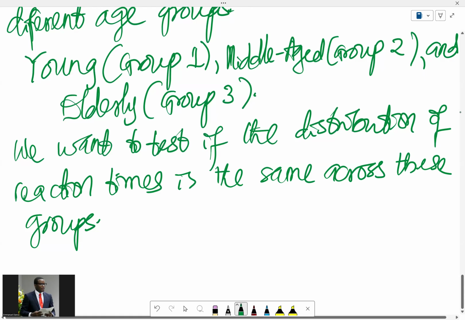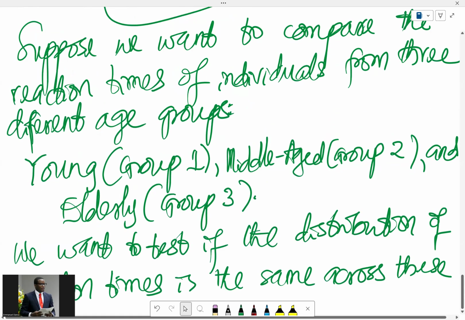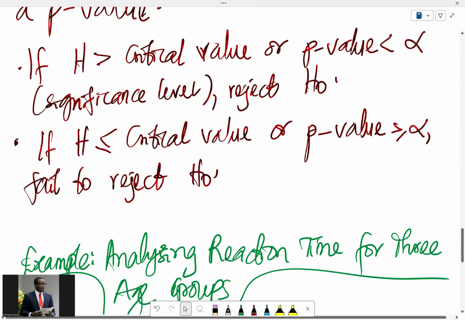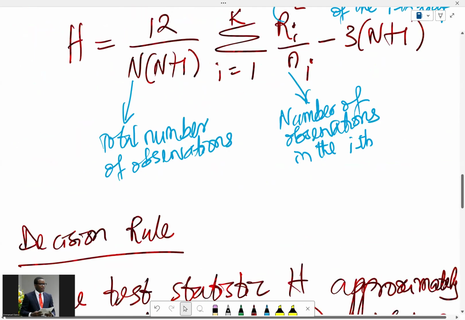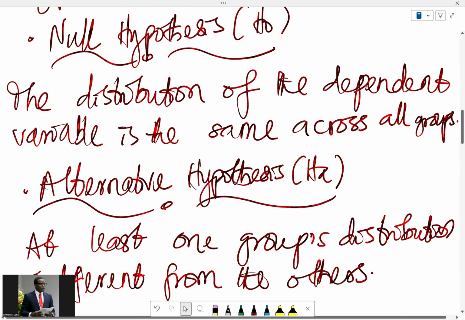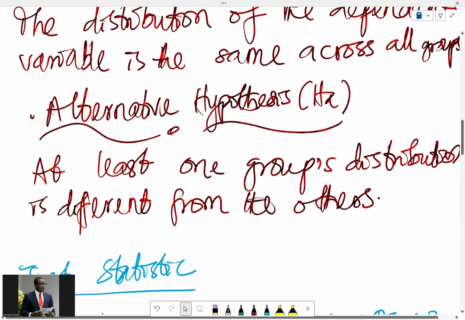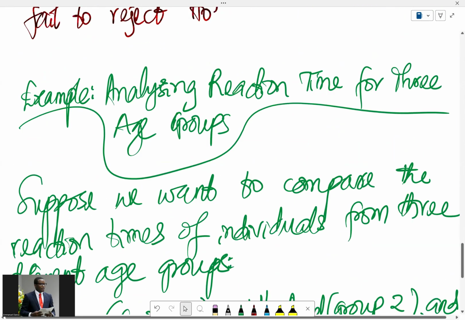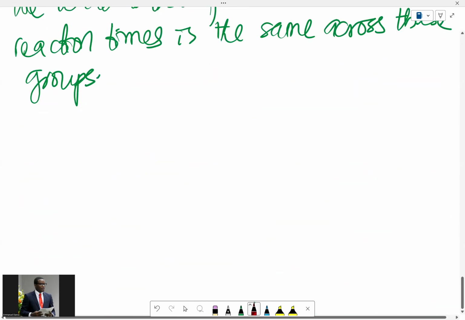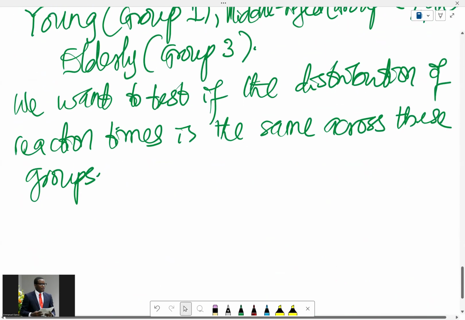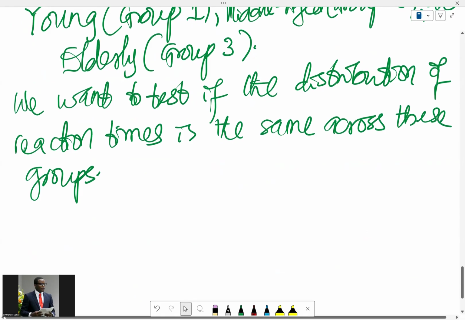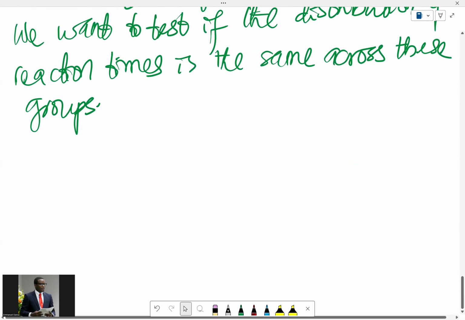So the first thing we want to talk about, let's state the hypothesis. From what we want to test, right, that determines the hypothesis. So we want to test if the distribution of reaction times is the same across these groups. So we start with two hypotheses. First we have H naught.